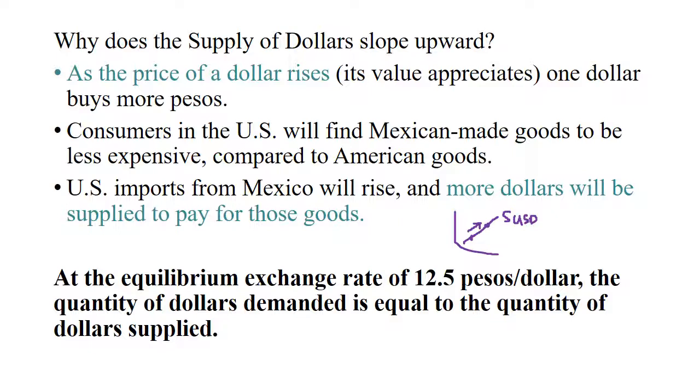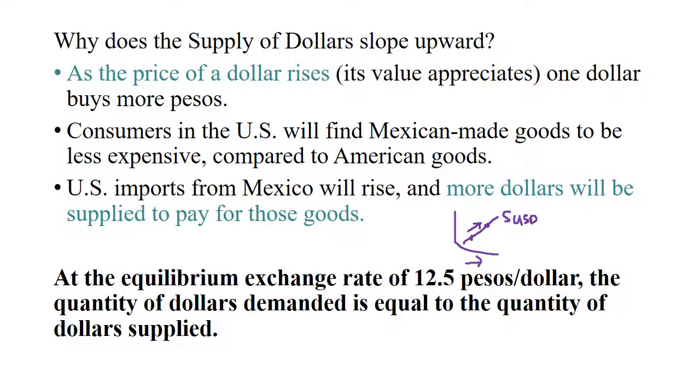So you'll want to buy more products in a foreign country, so the quantity of dollars that we will supply on this international market will increase. And then, of course, the definition of equilibrium is where supply equals demand. So at 12.5 pesos per dollar, the quantity of dollars demanded will be equal to the quantity of dollars supplied.